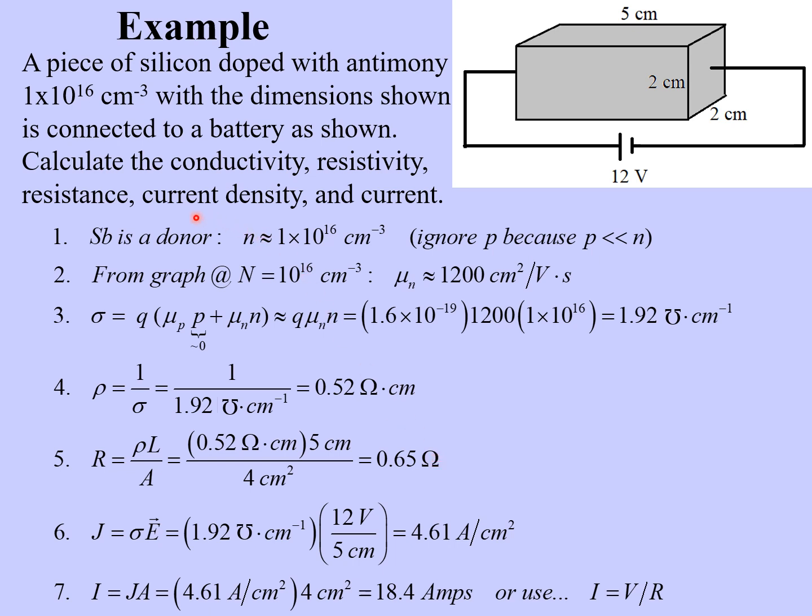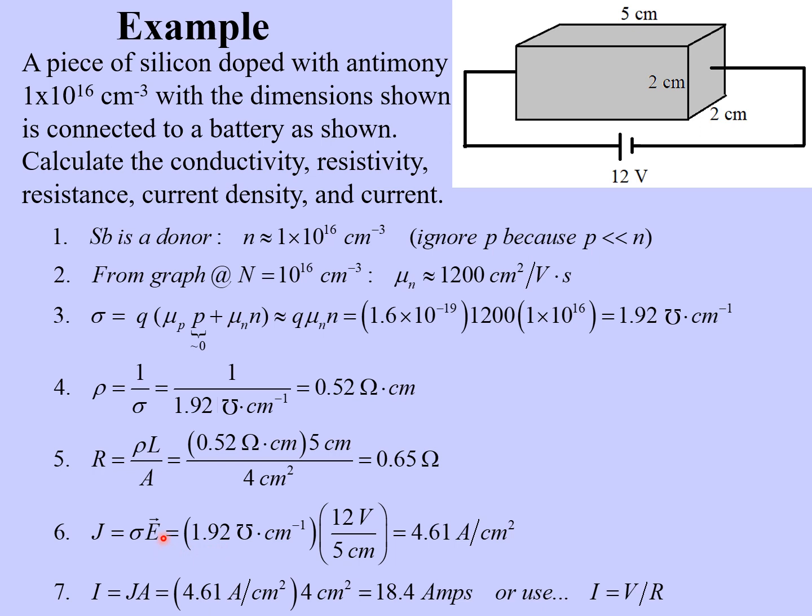All right, next thing, calculate the current density. So remember that we can state Ohm's law in this odd form here. Current density, J, is equal to sigma times E. We derived this a couple slides ago. So we know all these numbers now. Sigma is the conductivity, 1.92, right? We got that from up here.